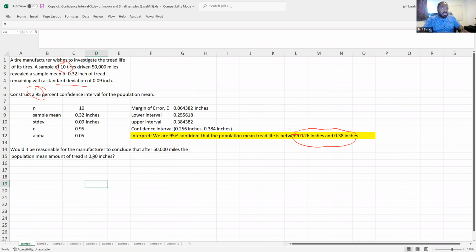And since 0.30 falls within this interval, it's highly possible that this could be the population mean. And so our conclusion is it would be reasonable because 0.30 inches falls within the 95% confidence interval.